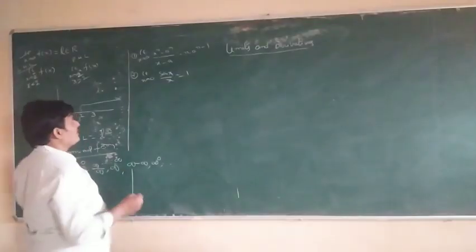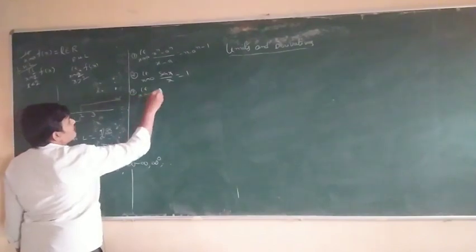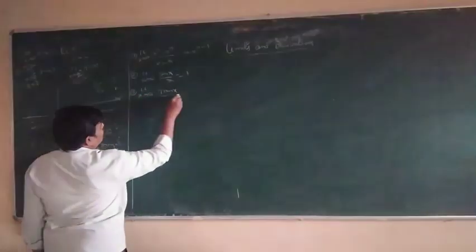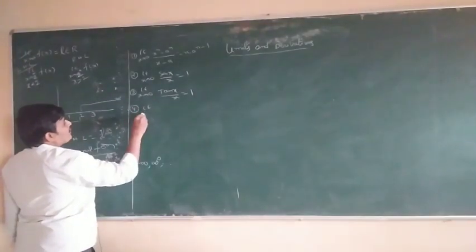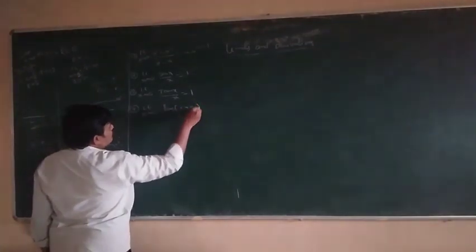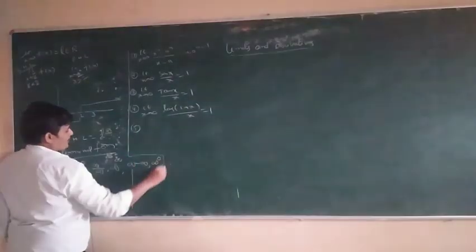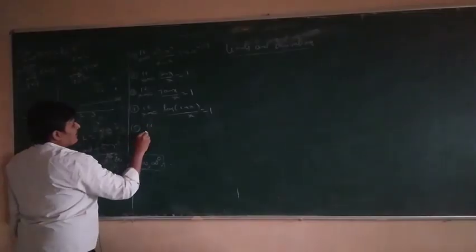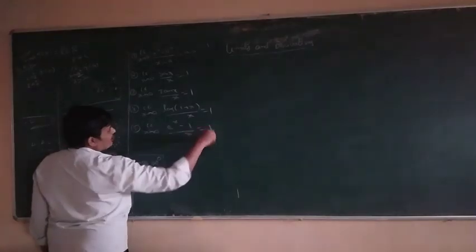Next, third one, limit x tends to 0 tan x by x is equal to 1. Fourth one, limit x tends to 0 log of 1 plus x by x is equal to 1. Fifth one, limit x tends to 0 e power x minus 1 by x is equal to 1.